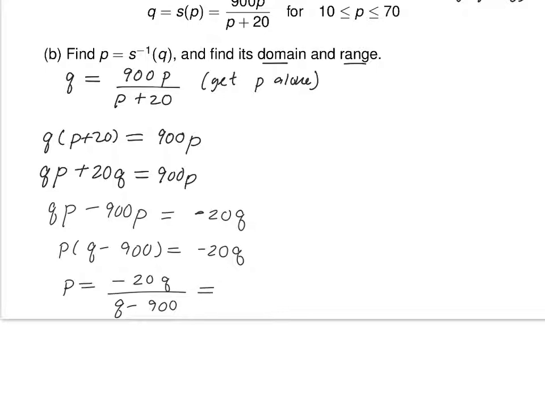What's another way you could write that? If I made it positive 20Q, what would the denominator become? 900 minus Q. So either one of those is okay.